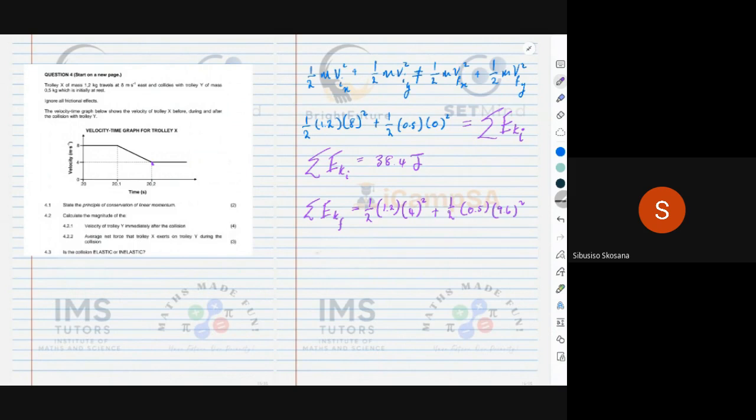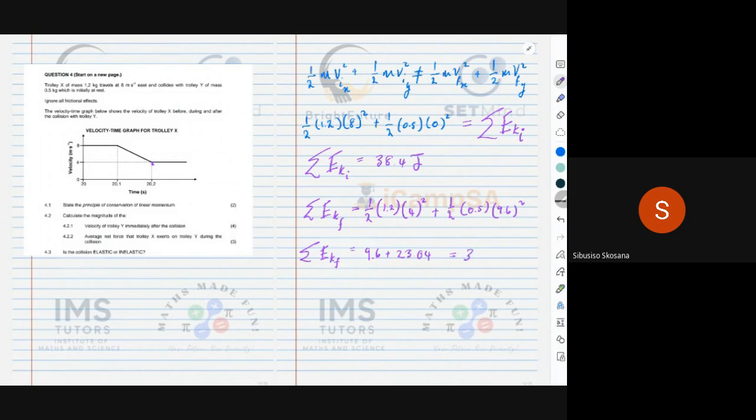Okay. So KF equals 1.2 times 4 squared times 0.5, which is 9.6, plus 0.5 times 9.6 squared times 0.5, which is 23.04.